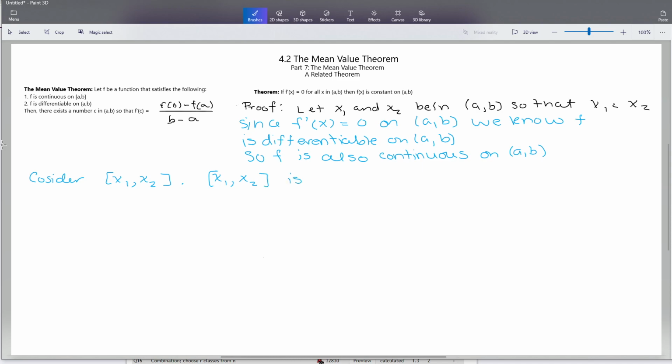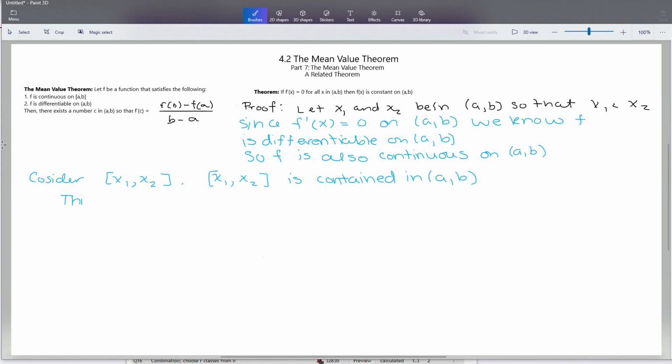We can say it's contained in AB, meaning that the endpoints x1 and x2 are inside the open interval. These endpoints x1 and x2 are not the endpoints A and B.